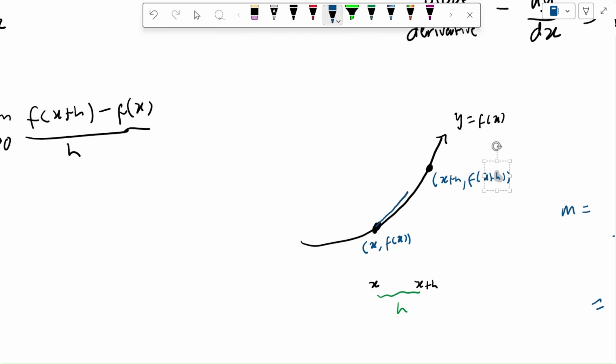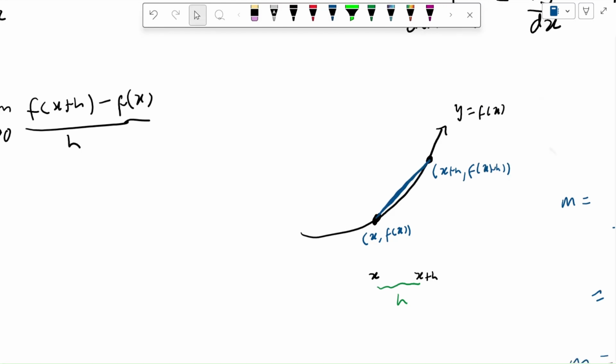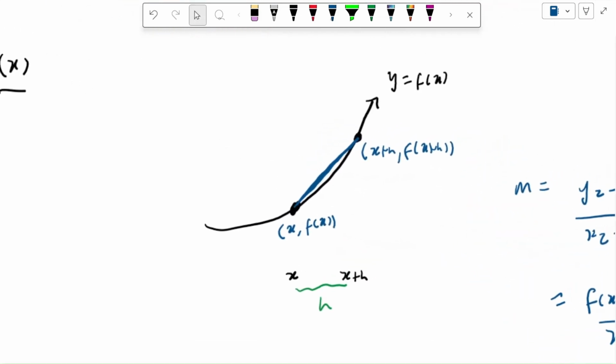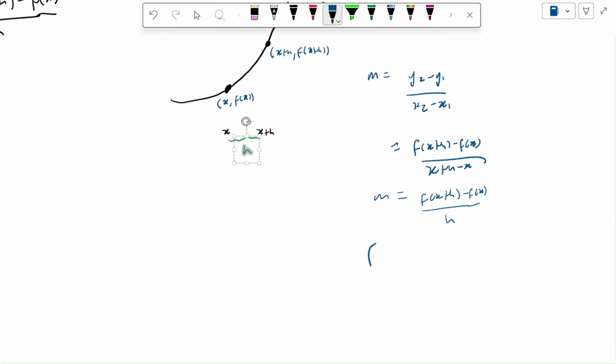We'd be calculating the slope of the straight line in between them. And as the 2 points get really close to each other, that more closely approximates the slope at this point. So basically the derivative is going to be the limit as h goes to 0 of that expression we just found, f of x plus h minus f of x all over h.